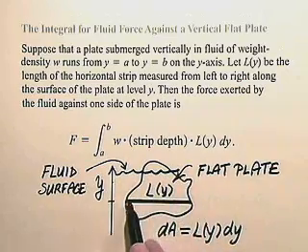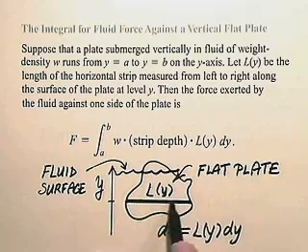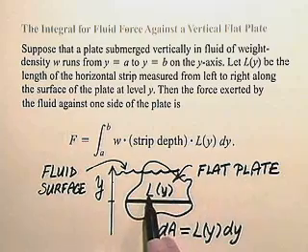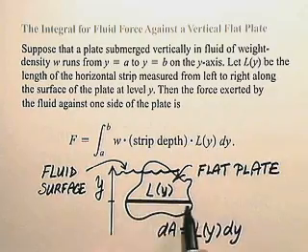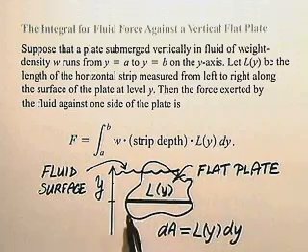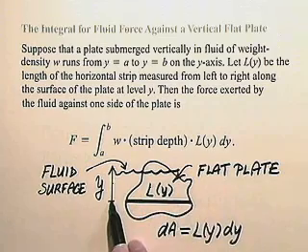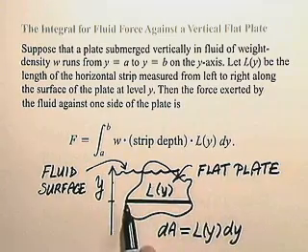Now, if I look at the horizontal strip here, part of this flat plate, which has length L of y, then the area of that little strip, dA, is L of y dy, a little bit of vertical variation there, dy.